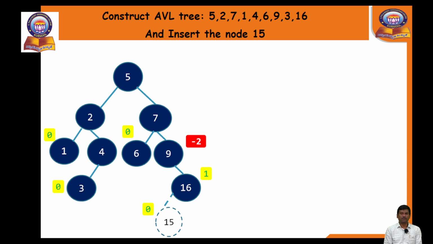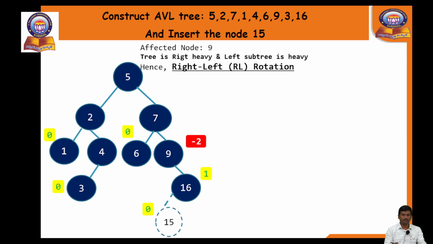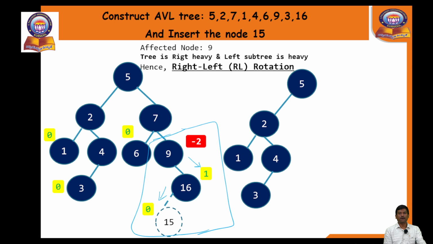So what kind of rotation has to be performed? The tree is right heavy. If you look from node 9's perspective, right is heavy, and out of which the left subtree is heavy. Then you need to perform the RL rotation.